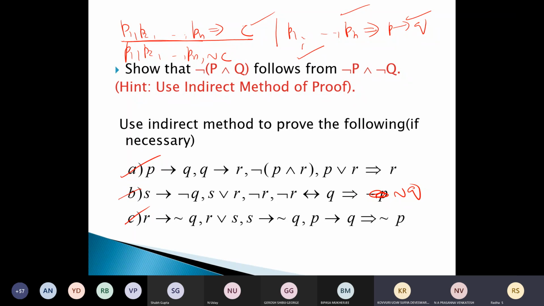The conclusion is not Q, not P. Okay, have you taken down the question?